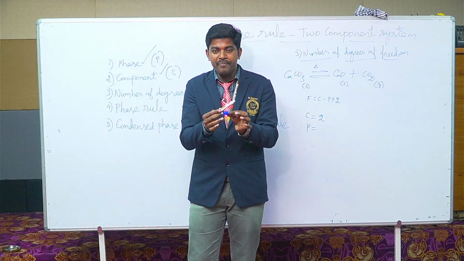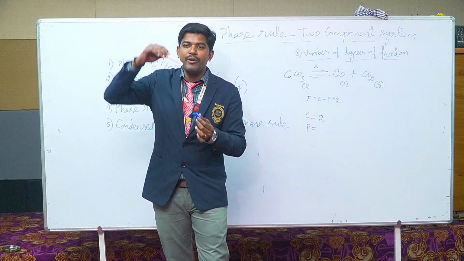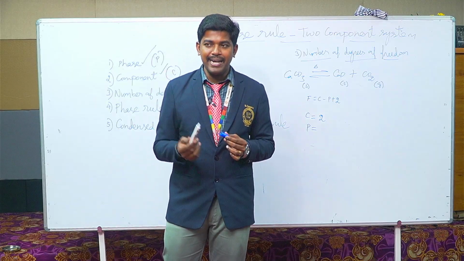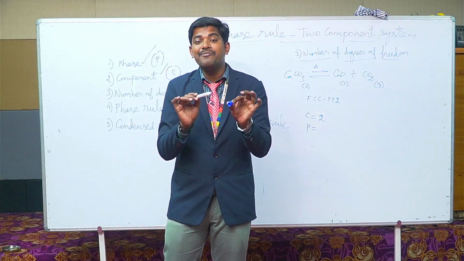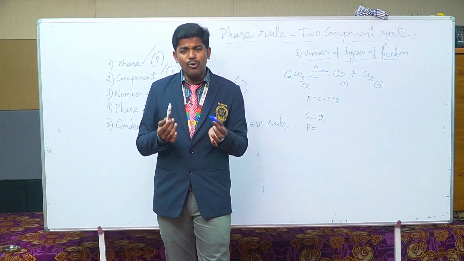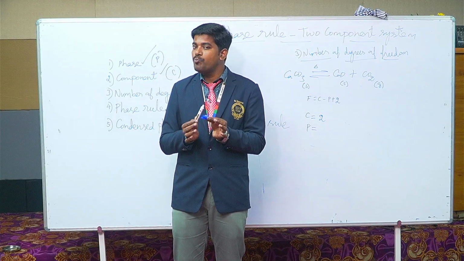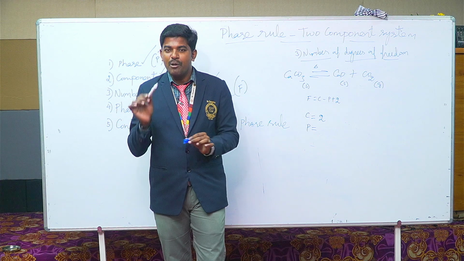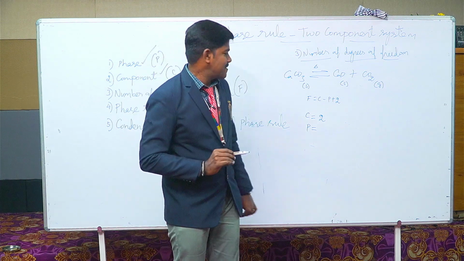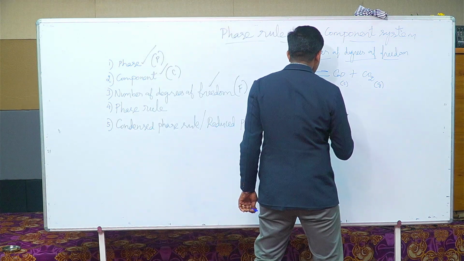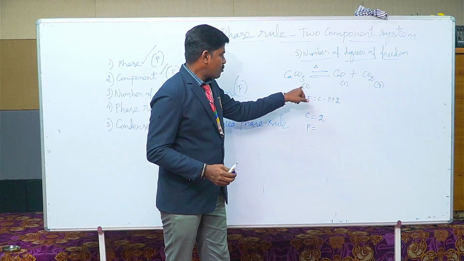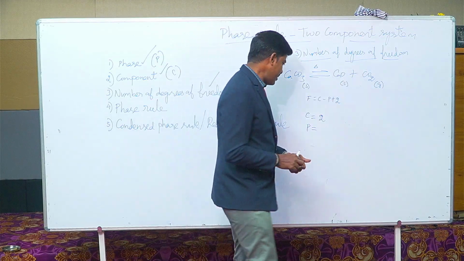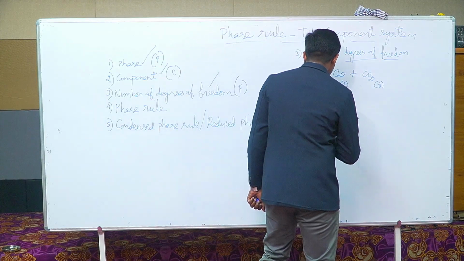Mixing may be possible when the material is heated at a very high temperature, where it can be converted into the molten state. But at room temperature, if n number of solids are there, it will be considered as n number of phases. So phase number 1, phase number 2, phase number 3. Number of phases is 3.